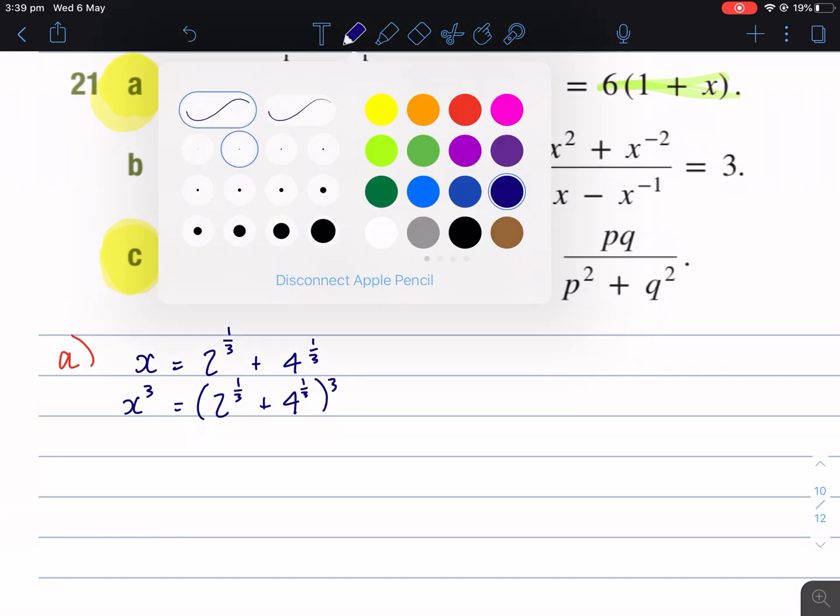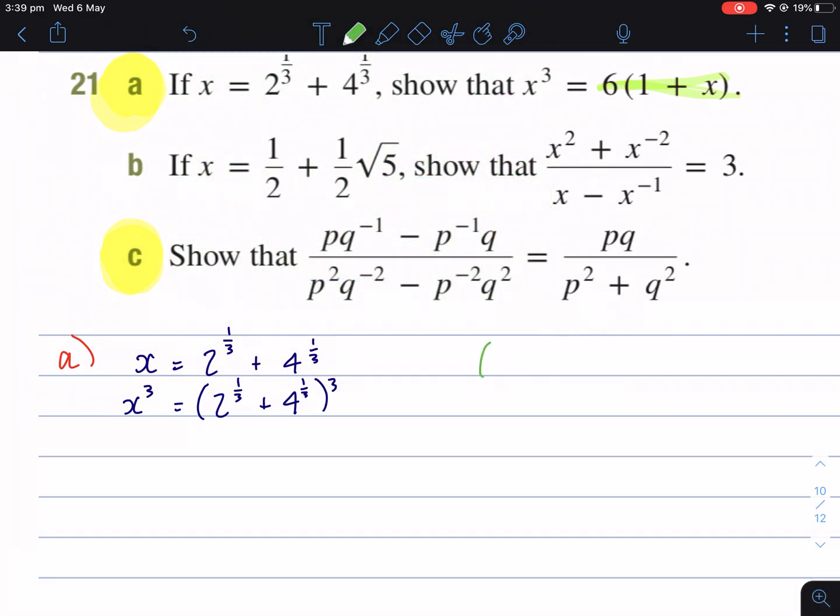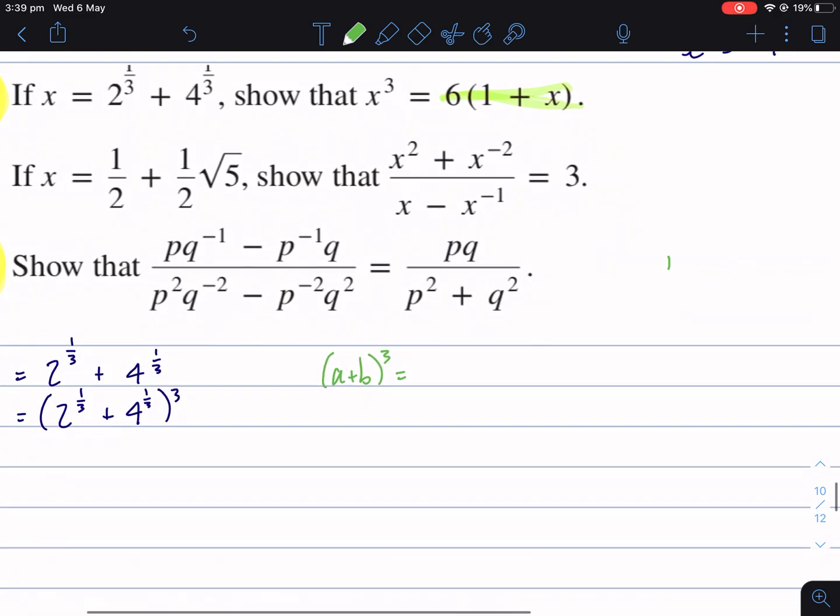cubed. Now don't forget when we're expanding cubes, a plus b cubed. Just from Pascal's triangle, 1, 1, 1, 1, 2, 1, 1, 3, 3, 1. We've got 1a cubed plus 3a squared b plus 3ab squared plus 1b cubed.